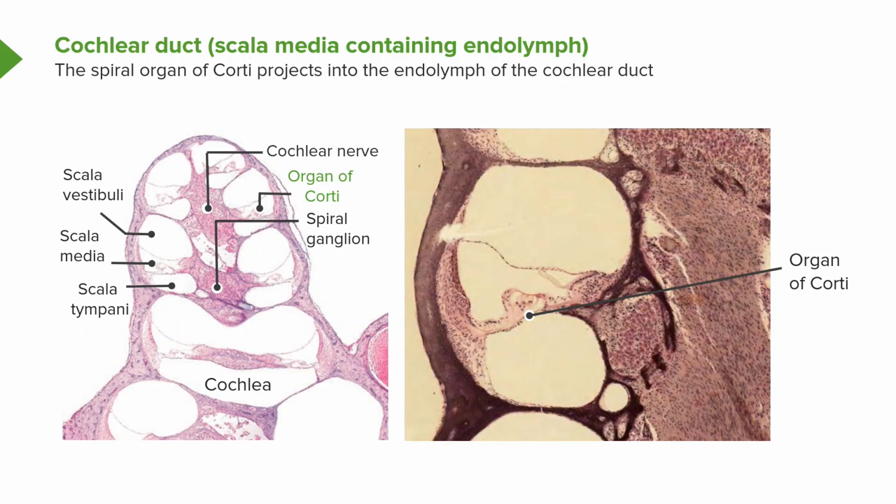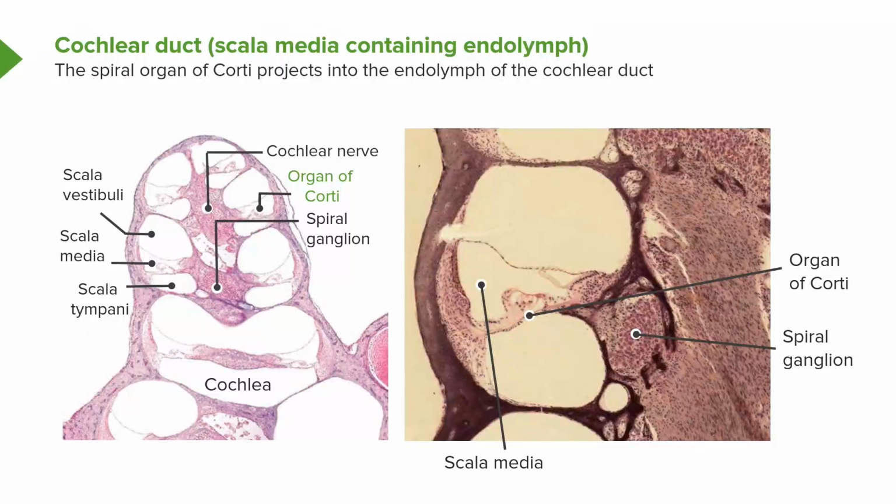The endolymph is contained within the scala media that you see labelled there. That's the endolymph component of the cochlear duct. There's a spiral ganglion there.